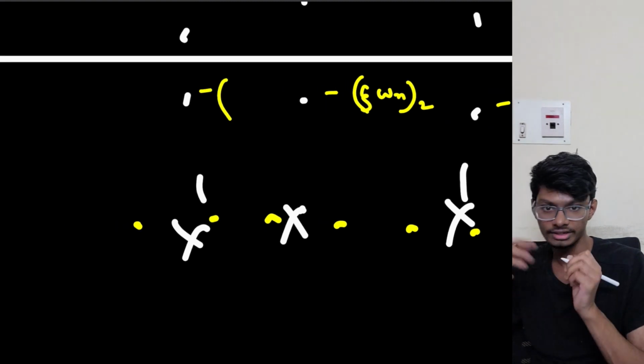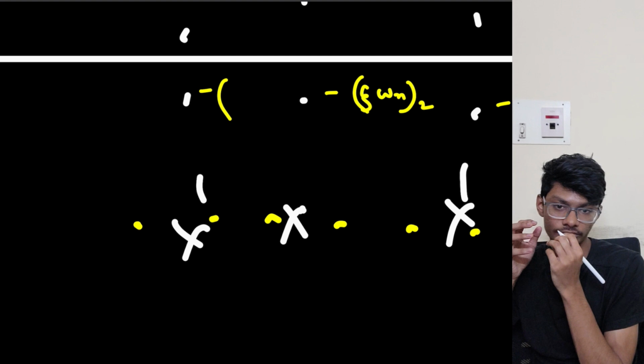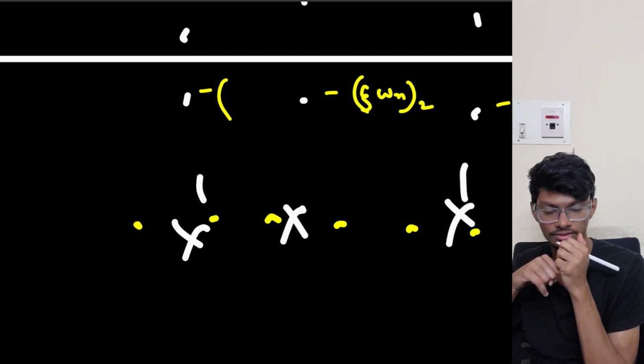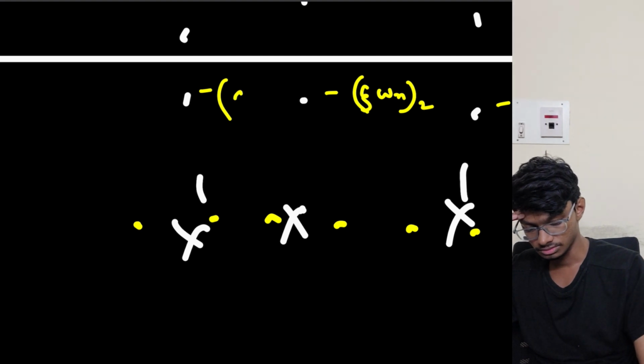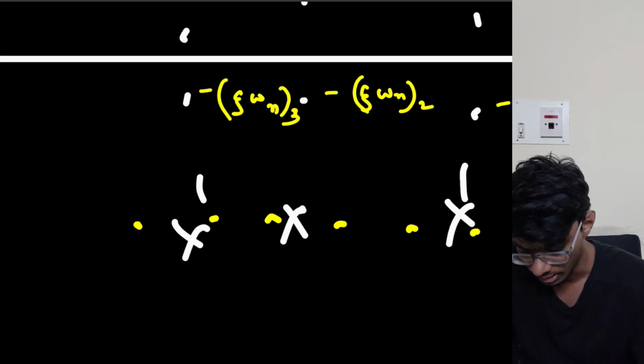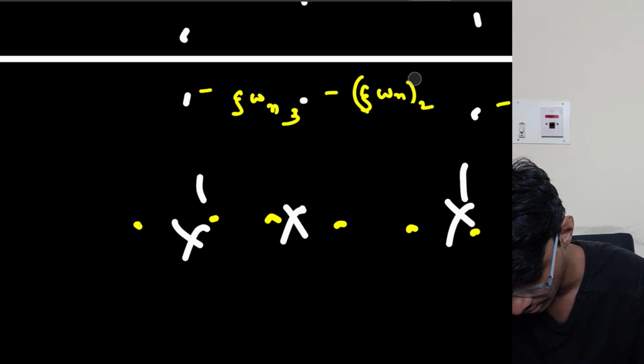So I'm basically varying both of them. I'm not telling you the exact value. The exact value we can know from theta itself. From theta I can tell what is happening to zeta. So this is omega n 3.